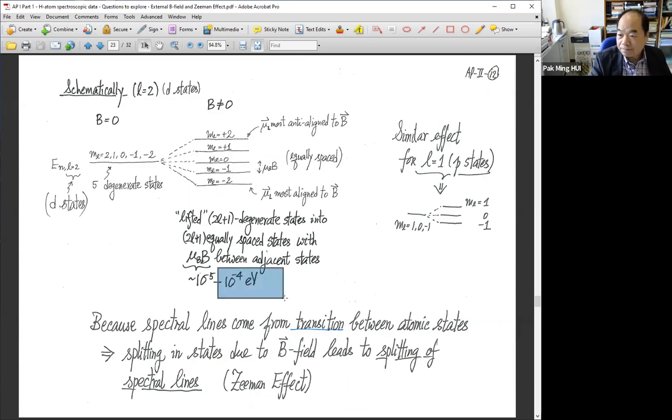It's about that. For a P state, ML is 1, 0, minus 1, thereby it is like this. See my fingers. So this will give us the change in the atomic state's energies.